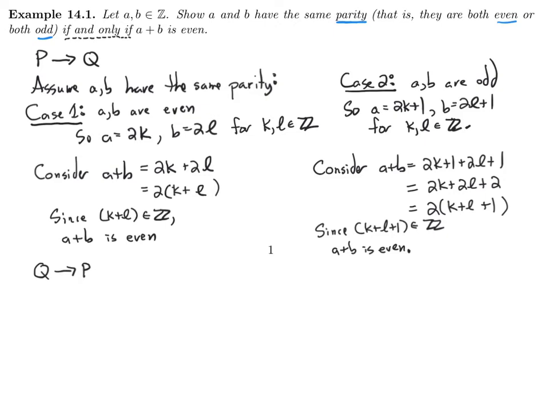I would do a contrapositive proof because, well, here we have, if A and B do not have the same parity, that means they have a different parity. So one is even and one is odd. And we'd have to show that A plus B isn't even, so A plus B is odd. So that might be a little bit better. So let's prove this by the contrapositive. So by contrapositive.